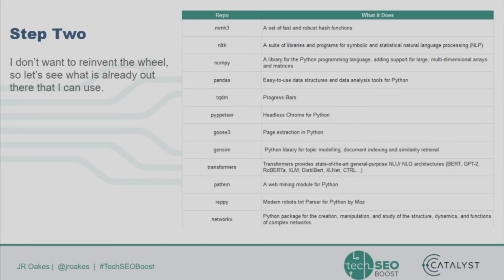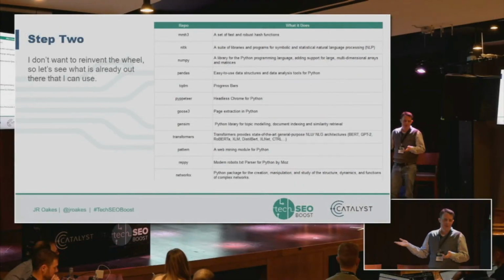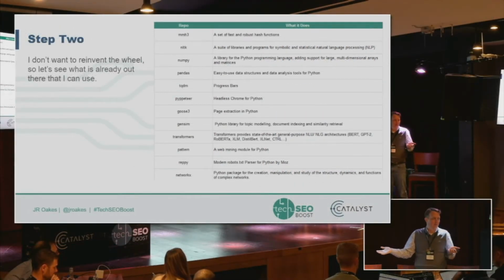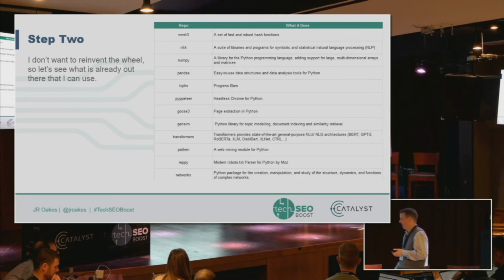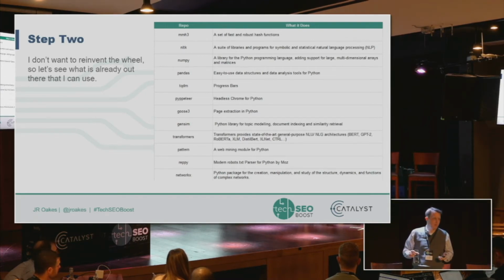Goose is a great article extractor. Transformers has an easily accessible BERT library that every SEO can play with. As well as Repi, I didn't even know Moz had their own robots.txt parser that was open source, so I gave them a shout out on Twitter. That was kind of cool.